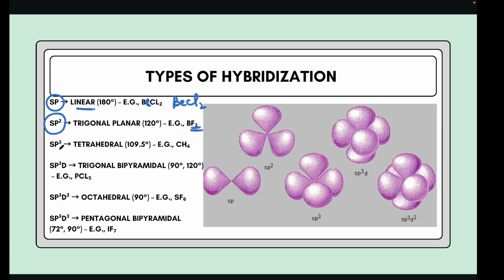And when one s and three p orbitals combine, they give sp3 hybridization, which explains the tetrahedral geometry of methane. Similarly, mixing of s, p and d orbitals gives rise to sp3d, sp3d2 and sp3d3 types of hybridization, which explain trigonal bipyramidal, octahedral and pentagonal bipyramidal geometry respectively.